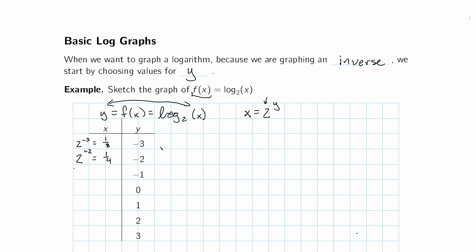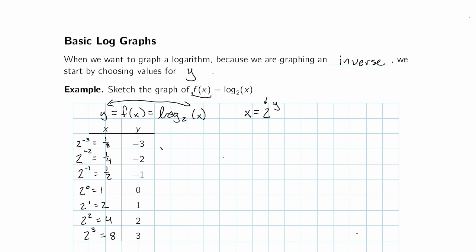If we choose y to be negative 1, then x is 2 to the negative 1, that's a half. Then y is 0, 2 to the 0 is 1. Y is 1, 2 to the 1 is 2. Y is 2, 2 to the 2 is 4. Y is 3, 2 to the 3 is 8.